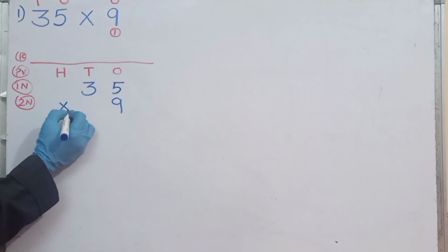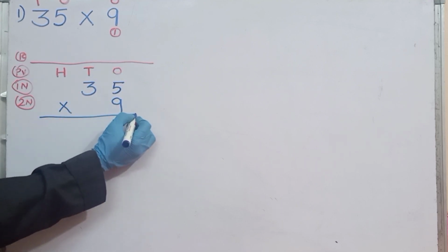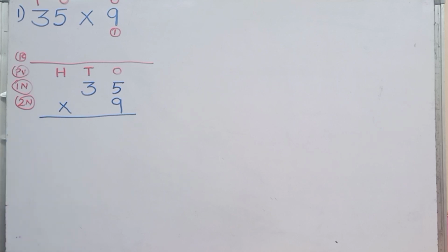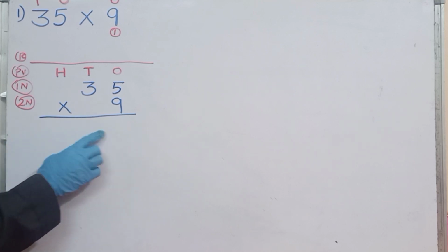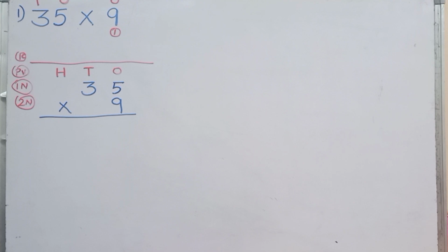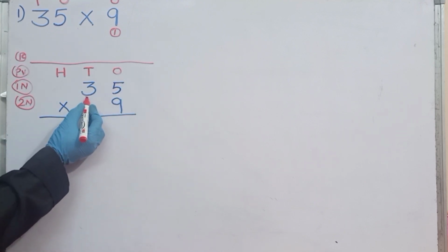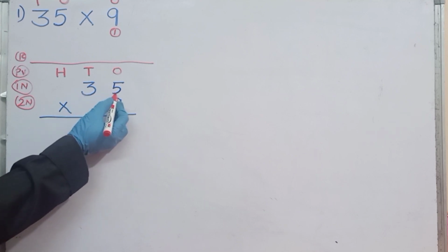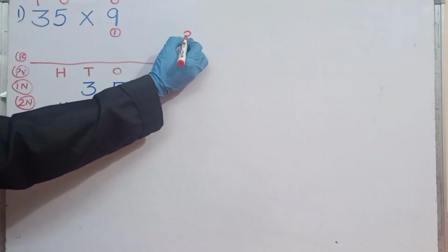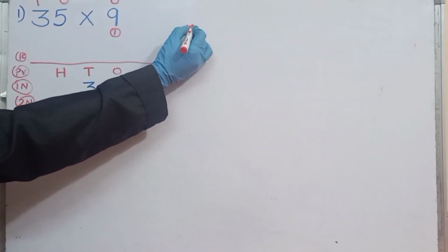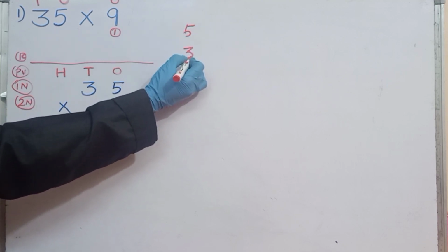Now we will multiply these two numbers. Okay students. Now what will we get? We'll get the answers over here. So for doing this, first I'll show you a trick. What we are going to multiply is 35. So I'll write ones place number first, then tens place number here.